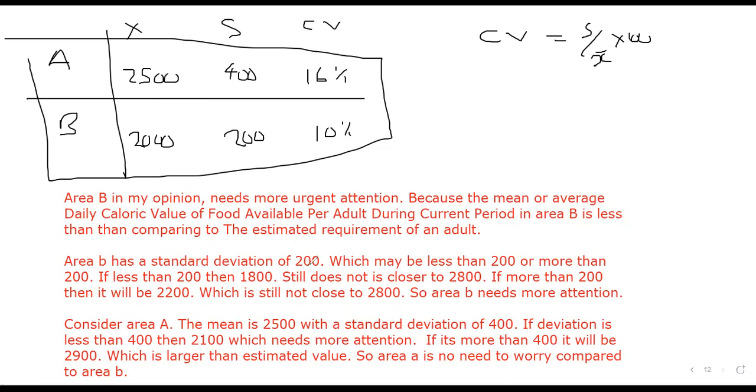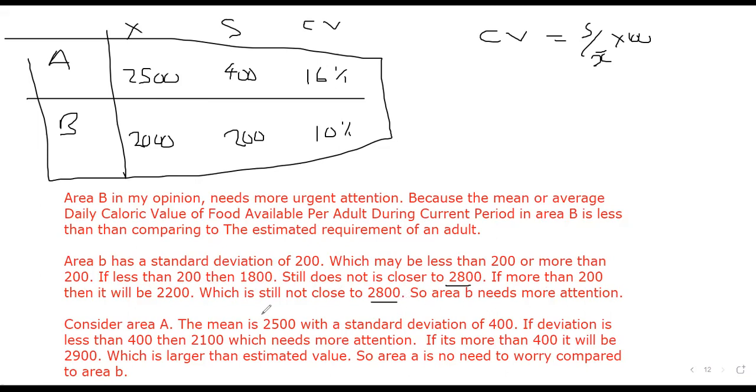Area B has a standard deviation of 200, which may be less than 200 or more than 200. If less than 200, minus 200 here, we're going to get 1800. So still it is not closer to 2800, which is the normal. If more than 200, then it will be 2200 when you add there. So it's still not close to the 2800. So area B needs more attention.